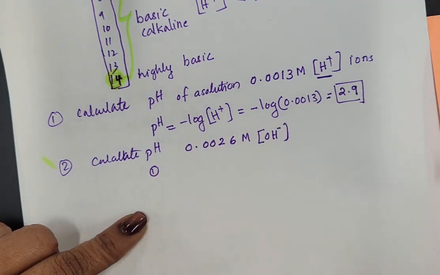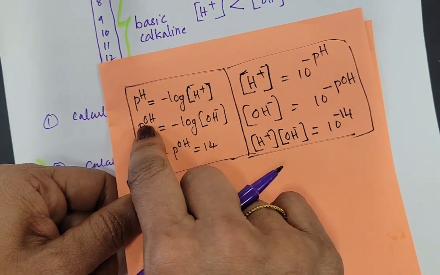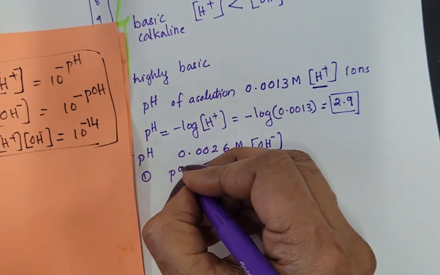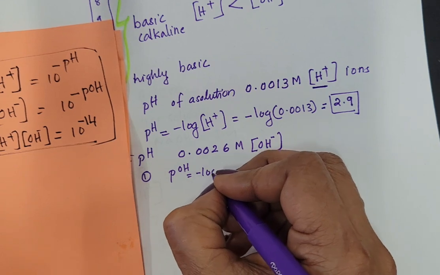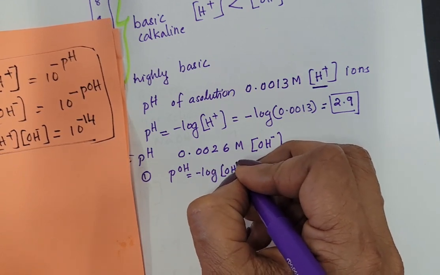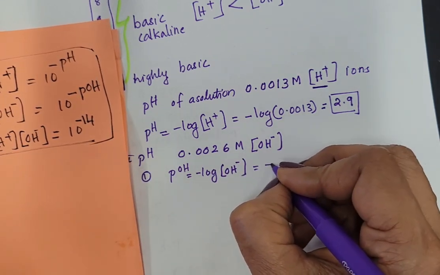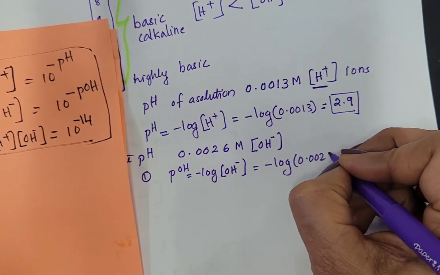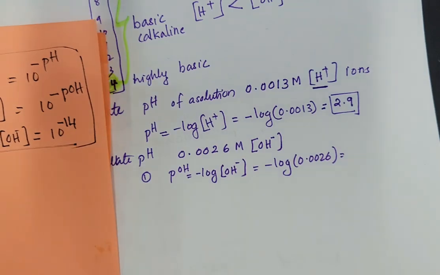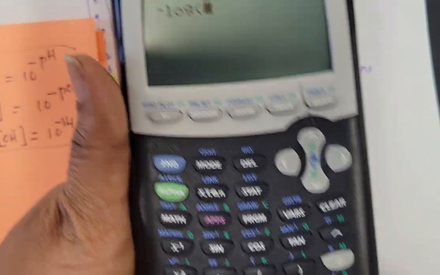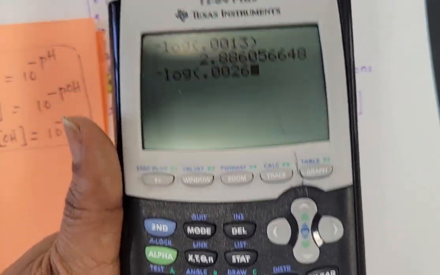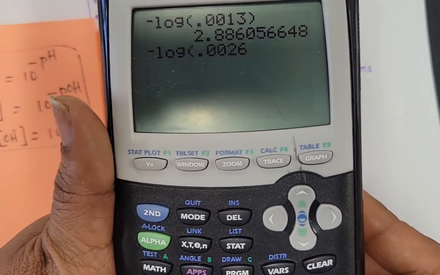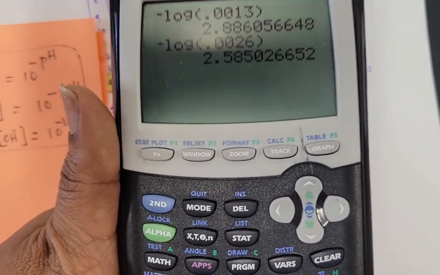First step, you have OH minus given, so you use this equation, pOH equals negative log of OH minus ions, which is negative log of 0.0026. Enter. You got 2.58.